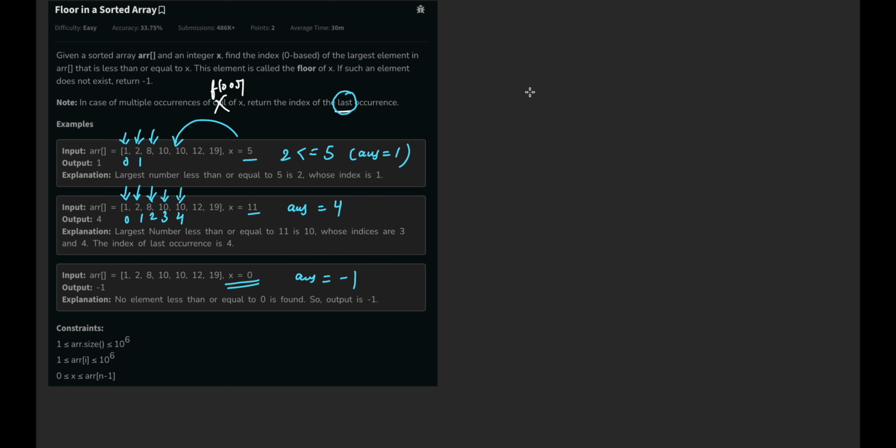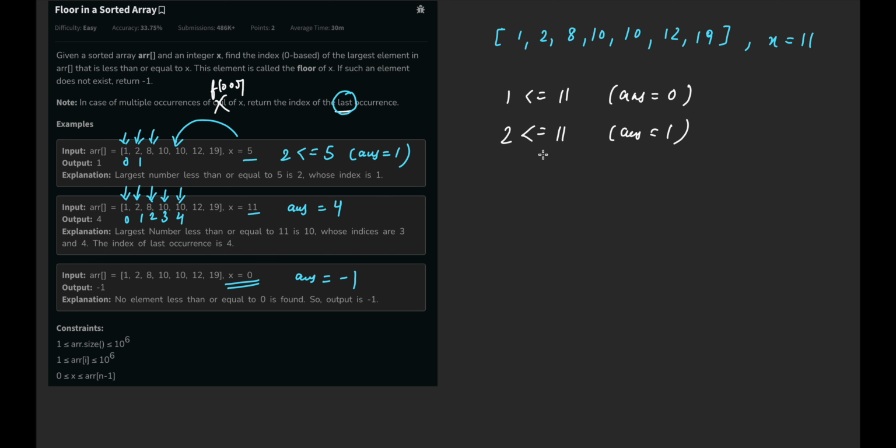Now let's see how we would be approaching this problem. The floor can be found by simply iterating over the array and taking into account the elements which are just smaller than the target element x. So we would be iterating with 0 index, where this was the case, and we stored answer as 0. Going to the next element, we stored answer as 1.